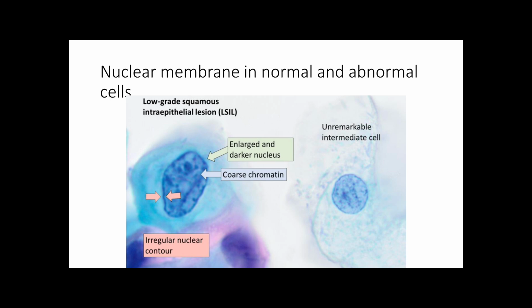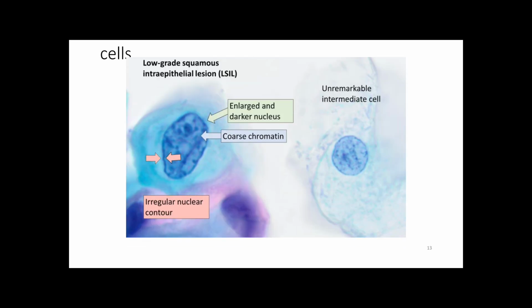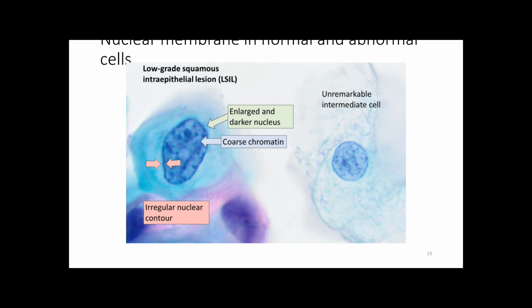So the nuclear membrane, again, here is a very nice picture. The right side one is normal and the left side is abnormal. Here you can see the nuclear shape on the right side has a boundary, and you can see the nucleoli and the nuclear chromatin evenly distributed in any area, they are the same.